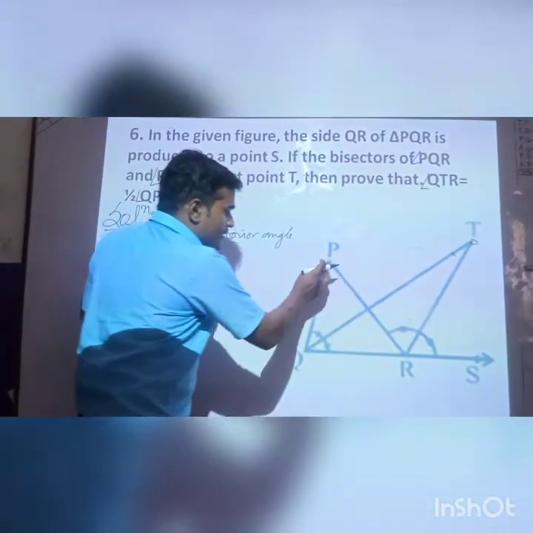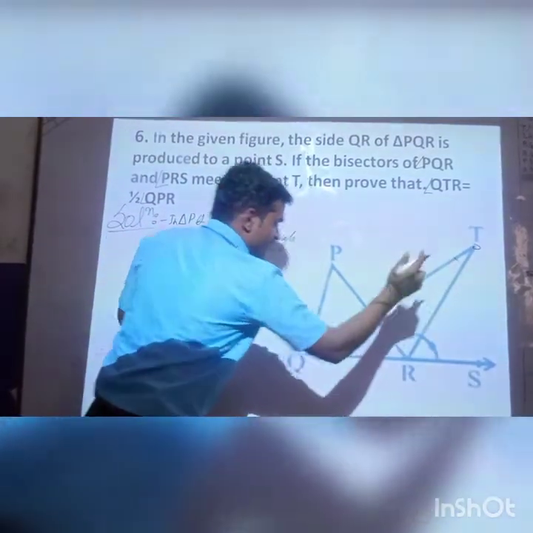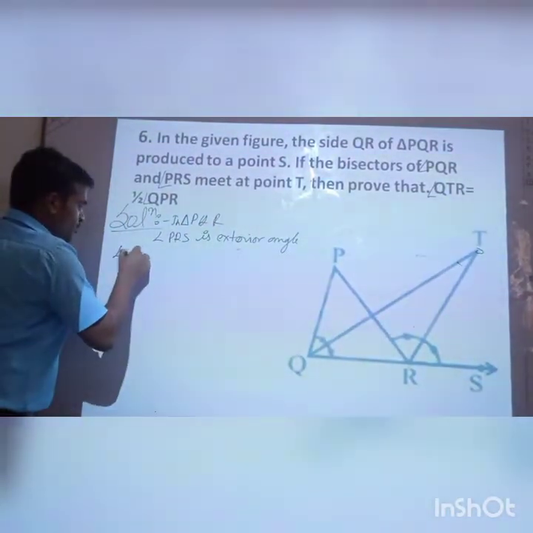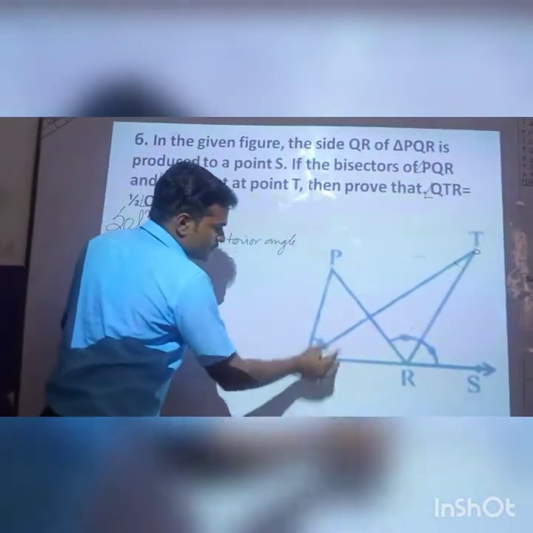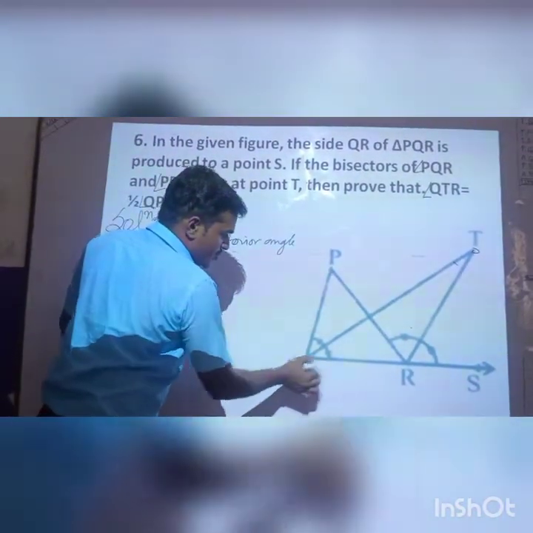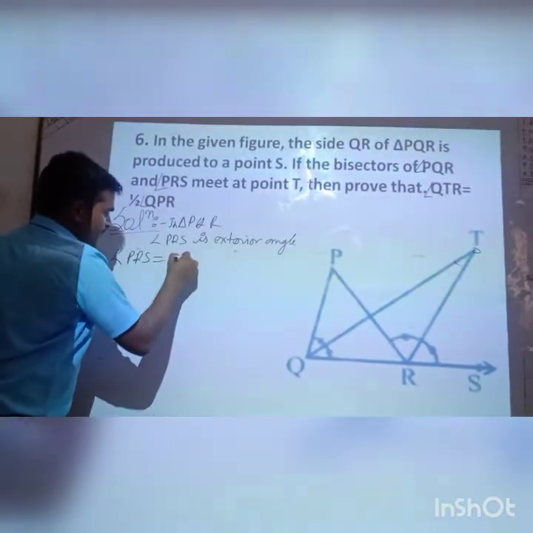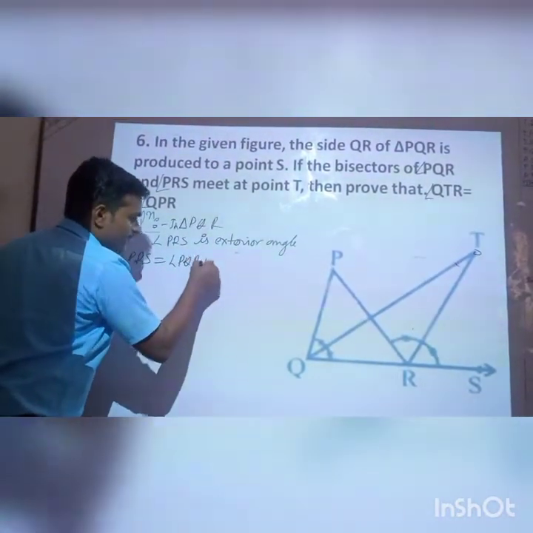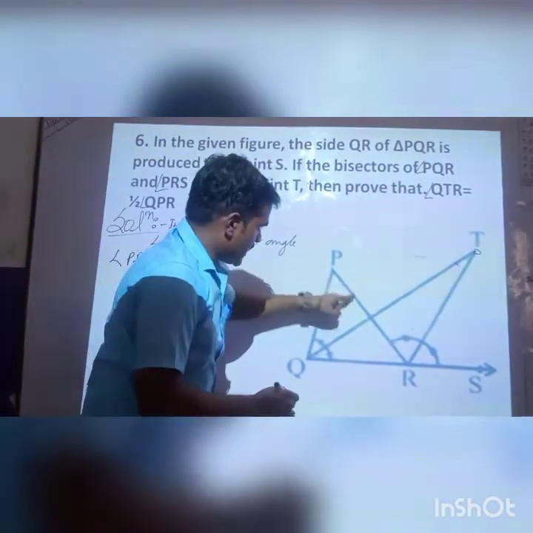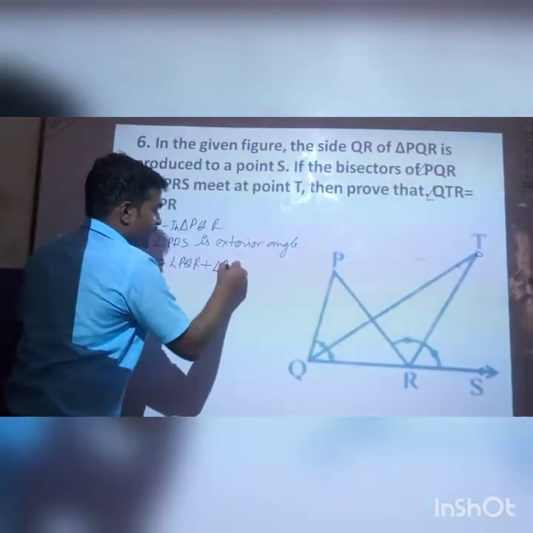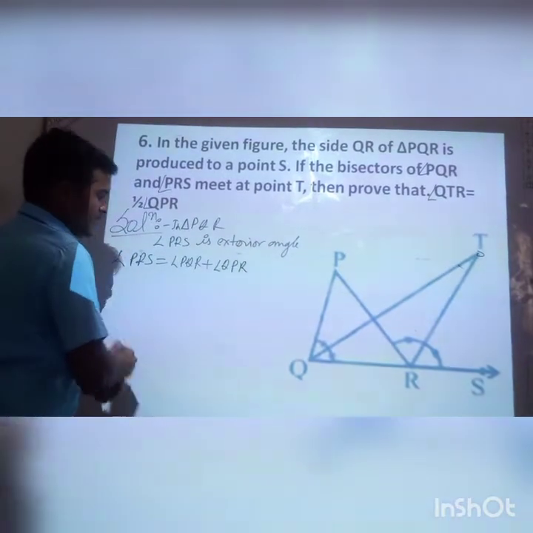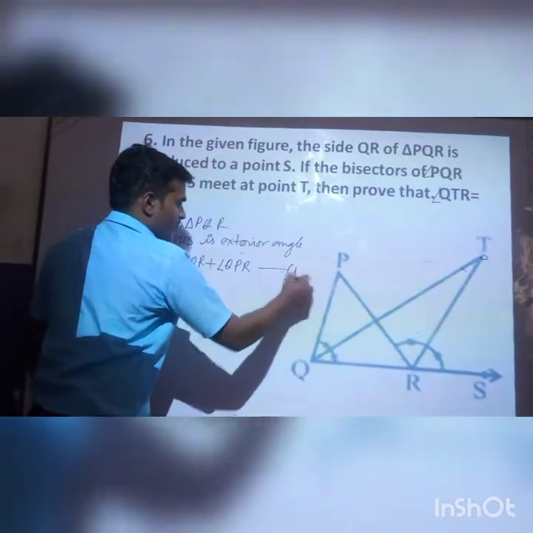So angle PRS is equal to angle PQR plus angle QPR. This is equation number 1.